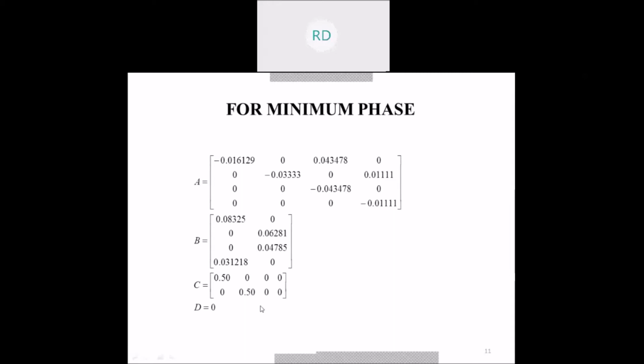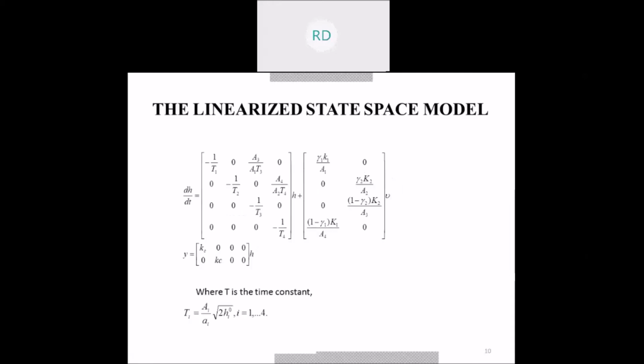I'm considering two cases here. For minimum phase, I'm substituting the values here. This ABC comes from the state space model, where we know that x dot equals Ax plus Bu, which is the state equation, and the output equation is Cx plus Du.